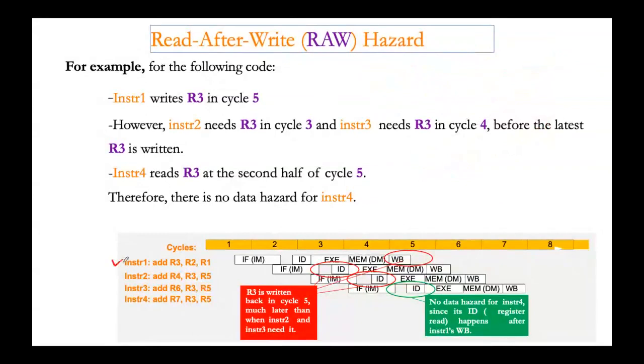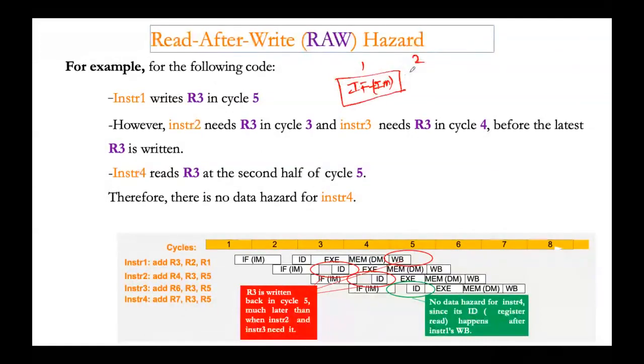Now let us see this execution. When instruction 1 executes, in cycle 1 is instruction fetching, which uses the instruction memory, and the first instruction is fetched from it.